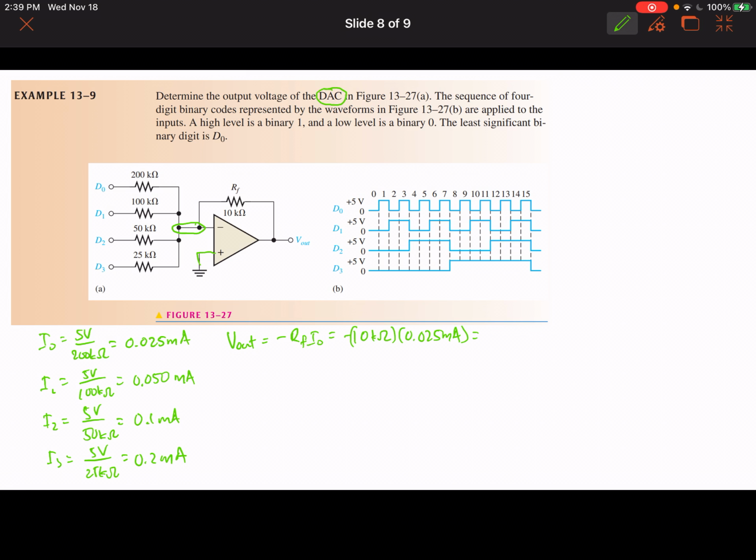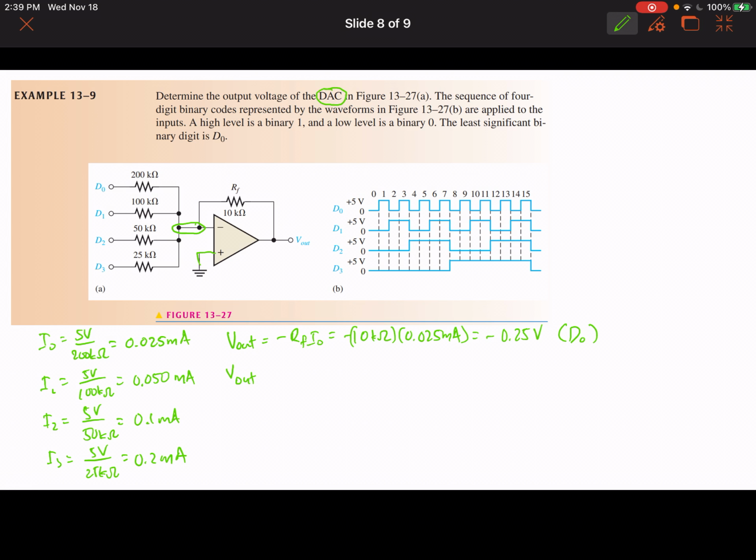So this gives us a voltage of negative 0.25 volts. So this is if only D0 is given the 5 volt signal.